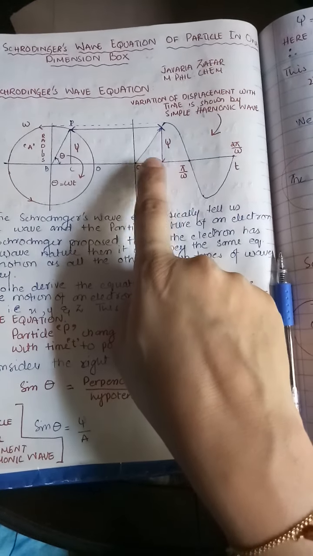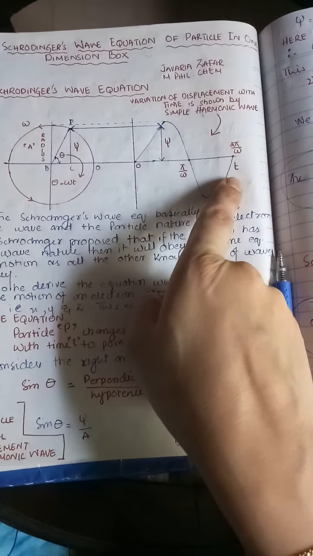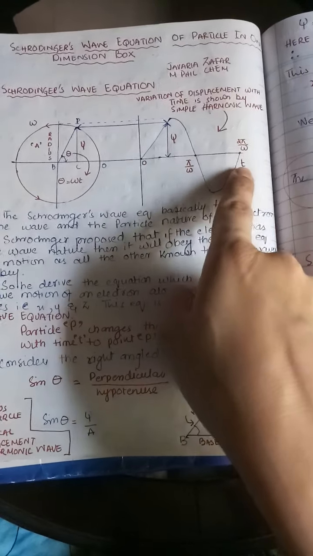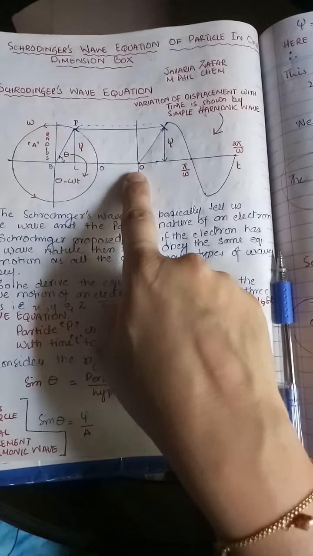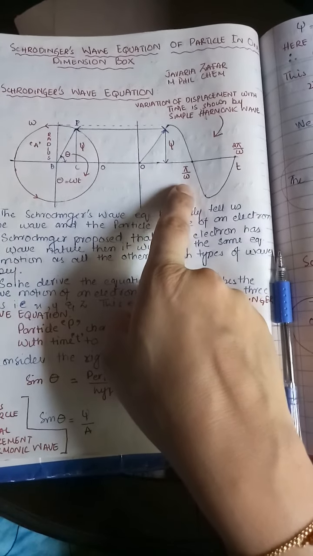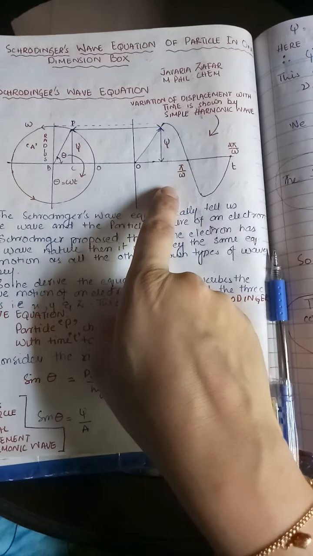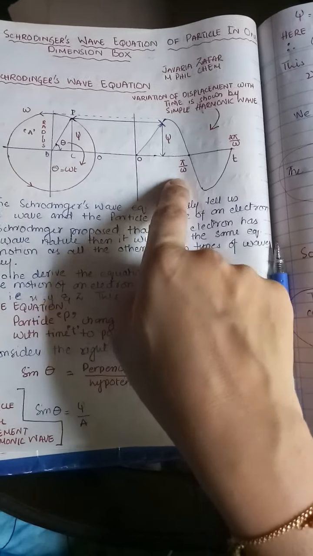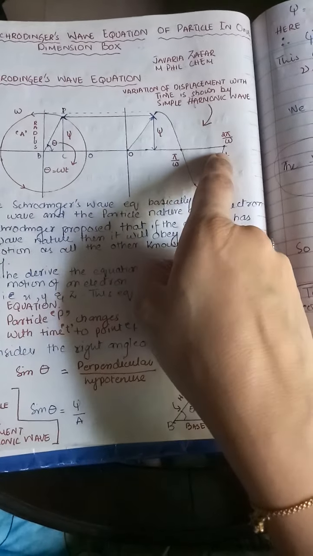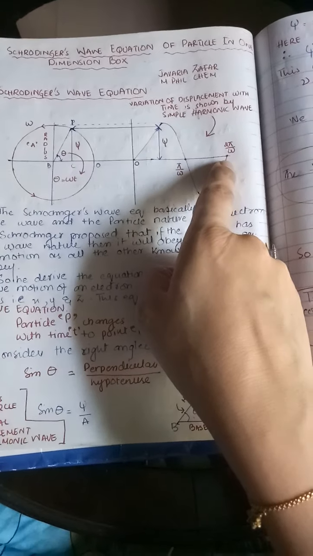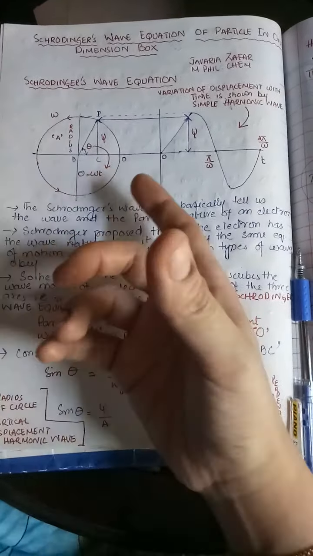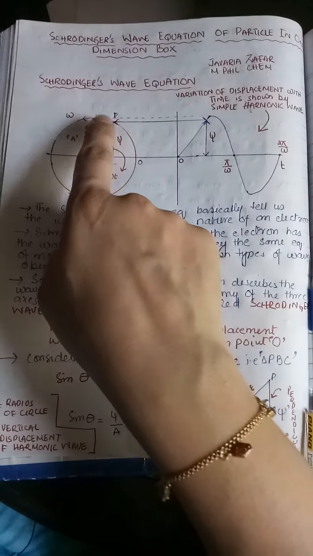The time taken from this point to this point is t, and this is typically the wavelength. From point O to the crest is pi over 2 omega, and from this point to this point is 2 pi over omega.